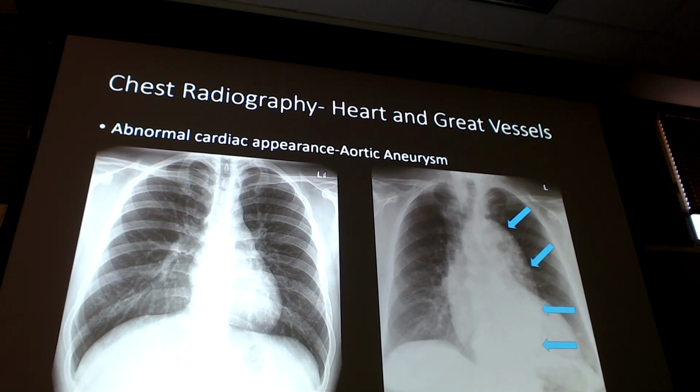So now I'm thinking maybe aneurysm, right? Sometimes those things will help you delineate what might be going on here. But ultimately, this patient is going to get a CT with contrast because we're in the aortic aneurysm section. So that's where you piece some of that together, because this is not enough.